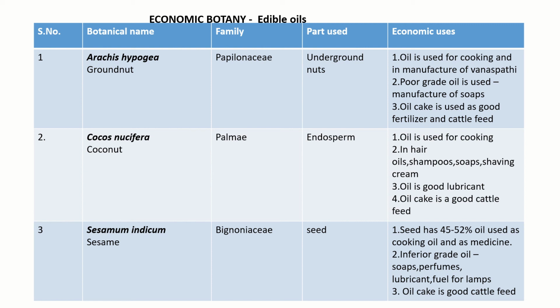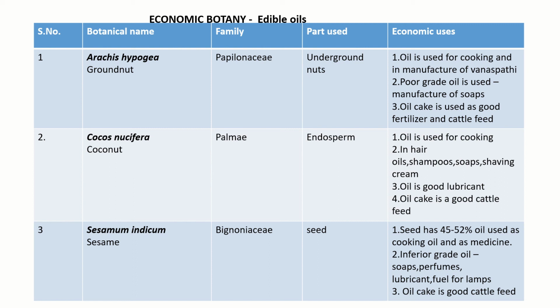Basic importance of these plants is oil extraction. Oil is used for cooking and in manufacture of vanaspati. Poor grade oil is used in the manufacture of soap. Oil cakes are used as fertilizers and cattle feed.